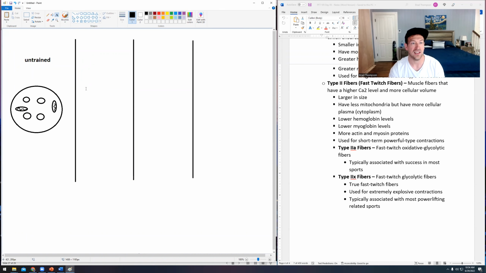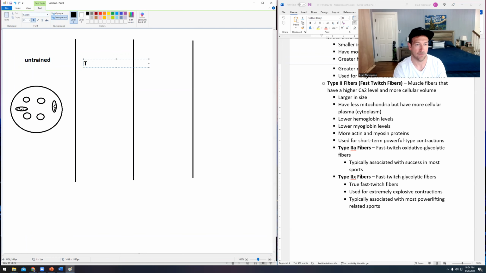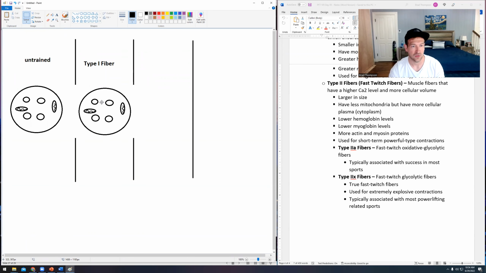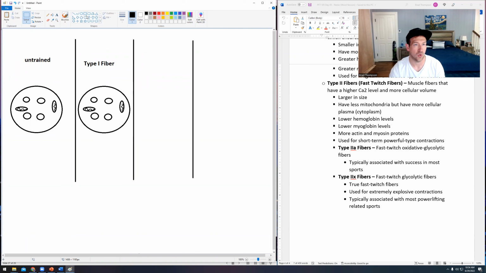Okay, so then let's look at a type 1 muscle fiber. A type 1 muscle fiber is going to look just like this, except that it's going to have a whole bunch more mitochondria. We're going to pack this thing up with mitochondria. So this muscle cell is really good at spitting out energy. This one's just spitting out energy left and right.